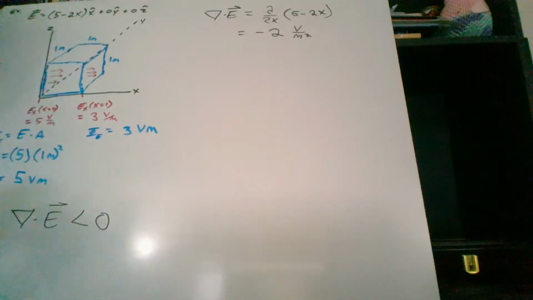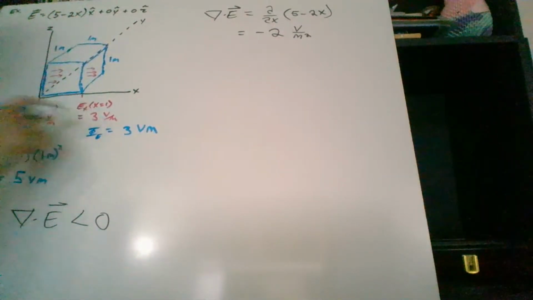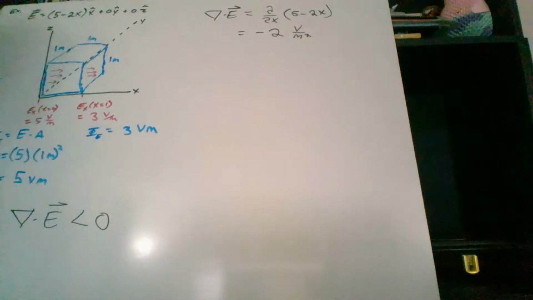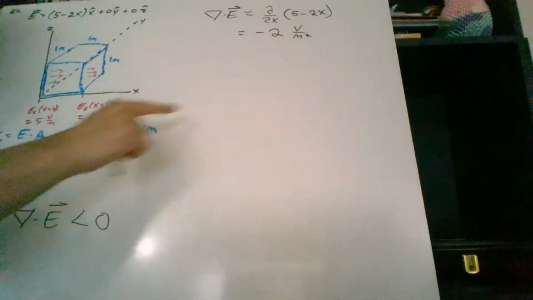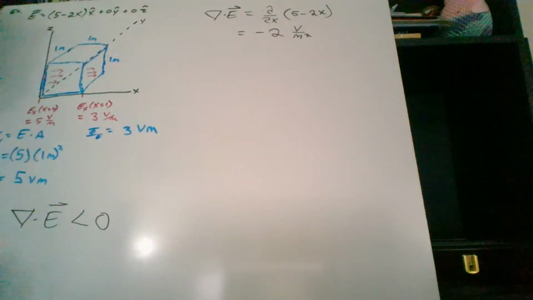Now, what does this -2 volts per meter squared mean? It means that for every 1 meter that I move, my flux is going to, or my electric field is going to drop by 2. So to go from here to here, for every 1 meter that I move this way, my electric field will drop by 2.